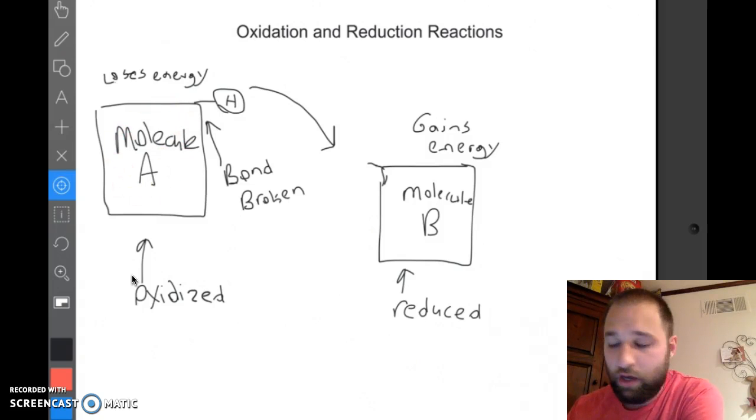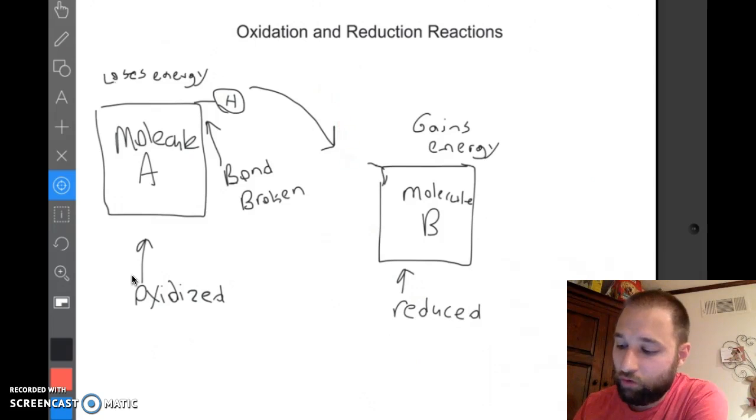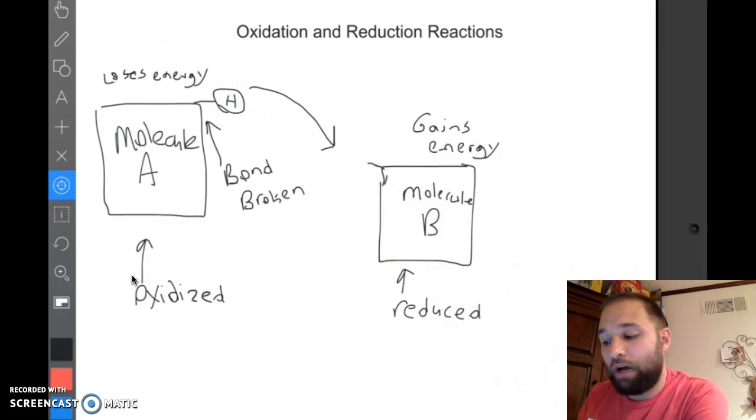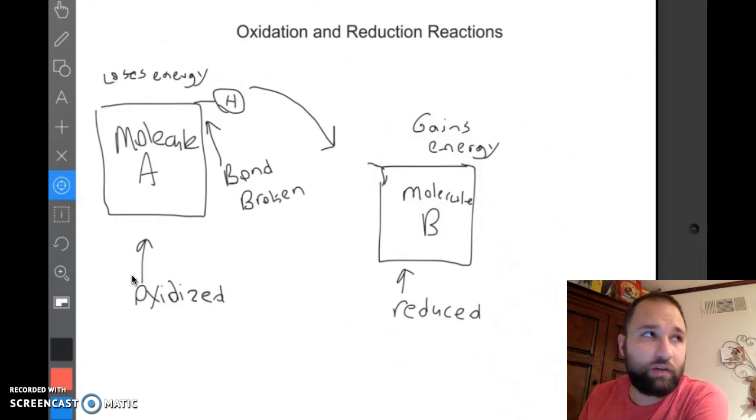Then on this side, this is molecule B, and it gains energy because this hydrogen comes over and I form a new bond. It's gaining energy because now it has more bonds than it used to have. We call that a reduction reaction, and we say that molecule B was reduced.